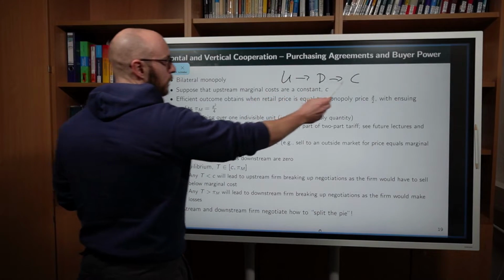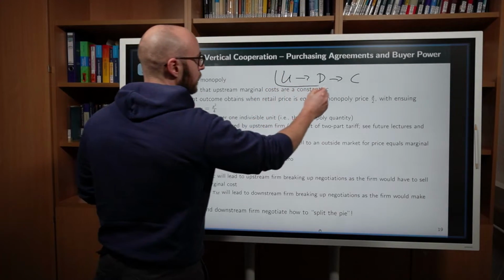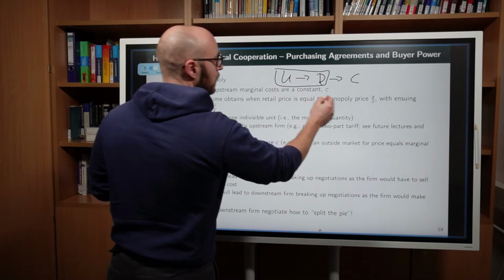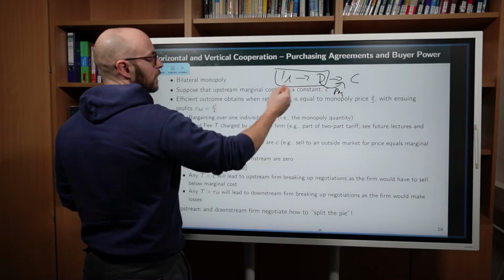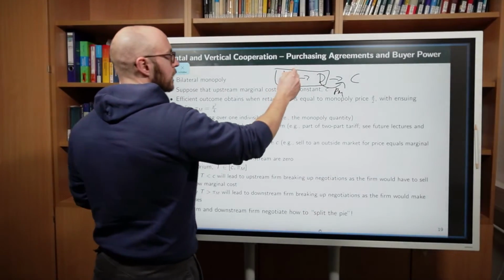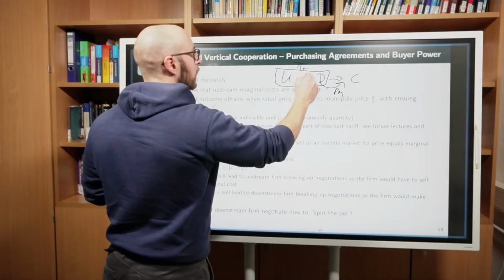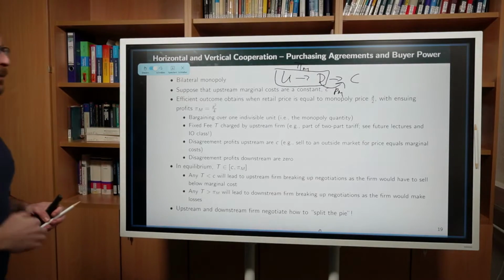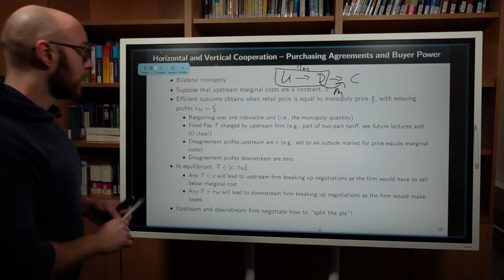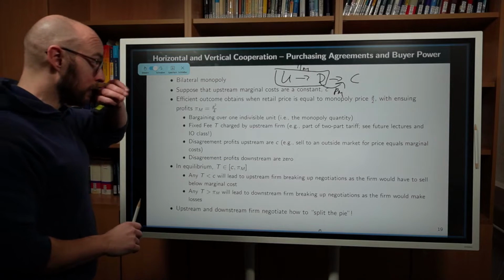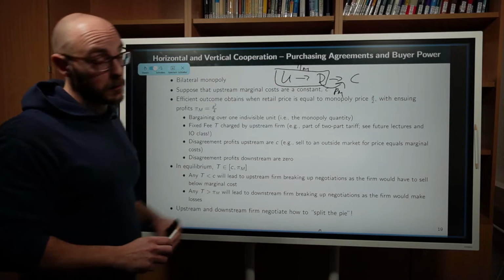So upstream firm, downstream firm, customer. So with the downstream firm charging the monopoly price, this coalition here would realize the monopoly profits, which is by definition, if we have a linear price though, the maximum attainable profit.